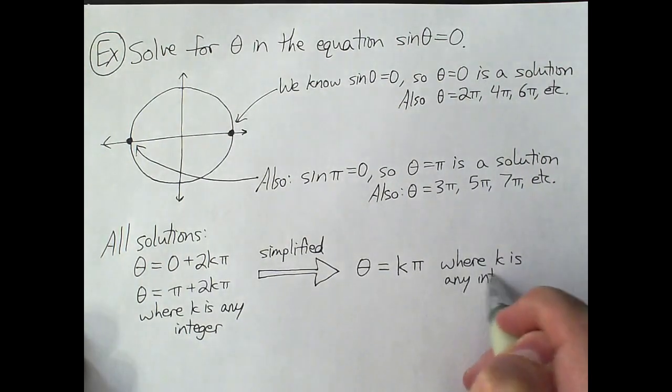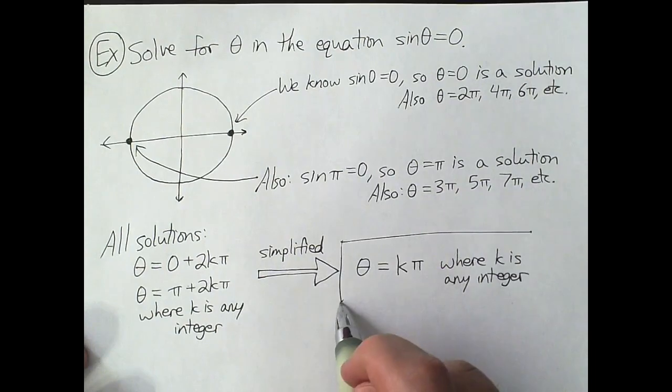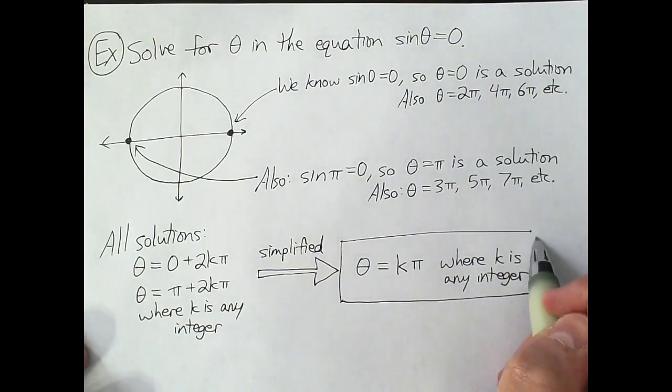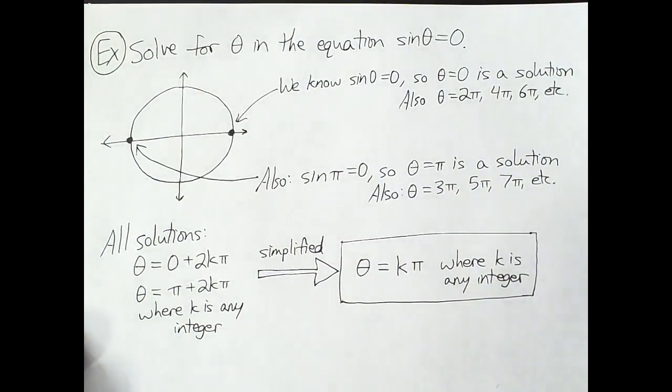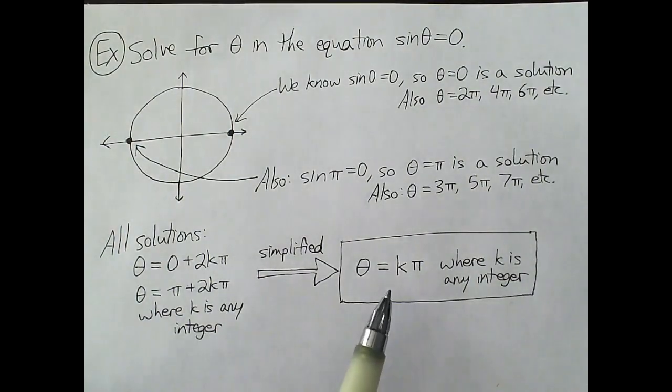So sometimes you can do this sort of thing where you write the answer in a simpler way because the 2 families of solutions were able to be just merged into one. But instead of 2k pi, it's now just any multiple of pi. All right, and I think that that is a simpler way of writing the solution.